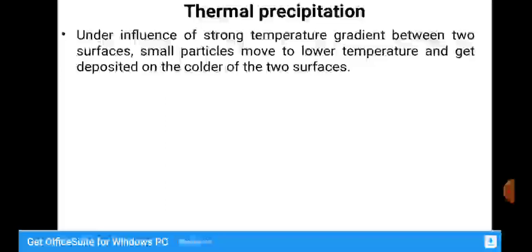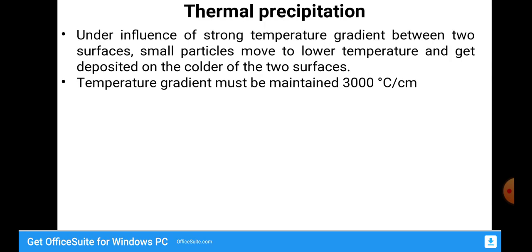So the principle is, under the influence of a strong temperature gradient between two surfaces, small particles will move from higher temperature to lower temperature side and they will be deposited on the colder surface. Here two surfaces are used. One surface will be at lower temperature and the other surface will be at higher temperature, and an air stream will be passed between these two surfaces.